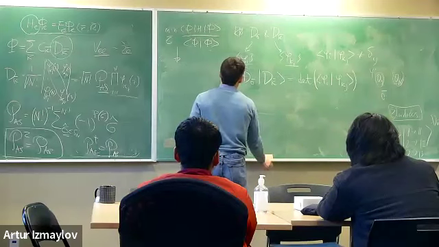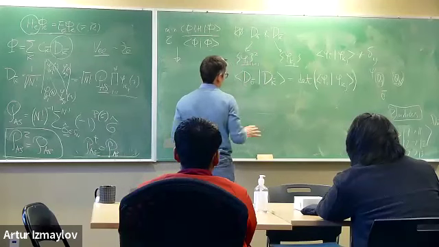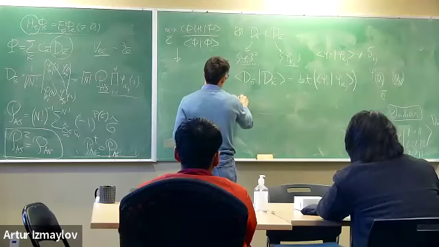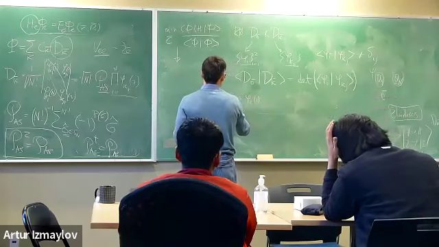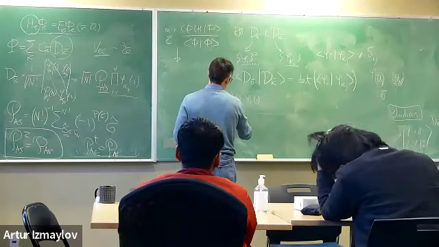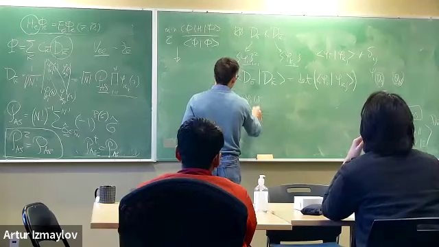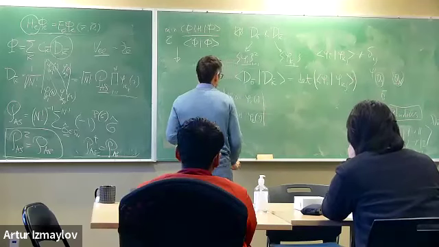Let's say we are working with i running from 1 to 2, for simplicity. Then this is phi 1 with electron 1, phi 2 with electron 1, phi 1 with electron 2, phi 2 with electron 2. So that's the determinant.